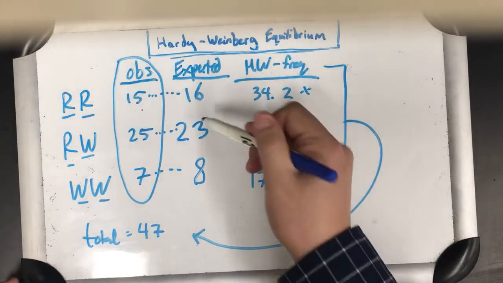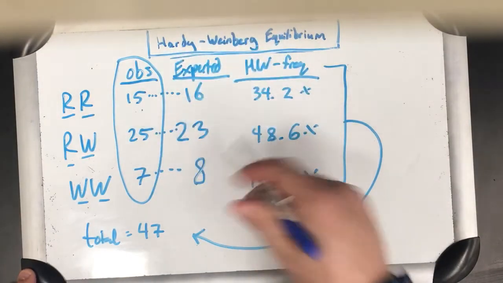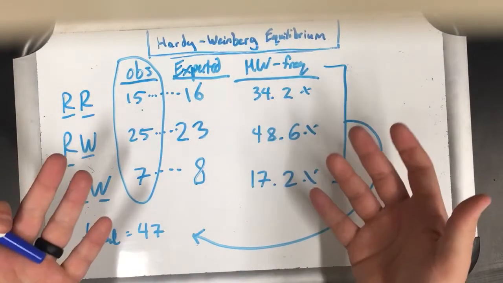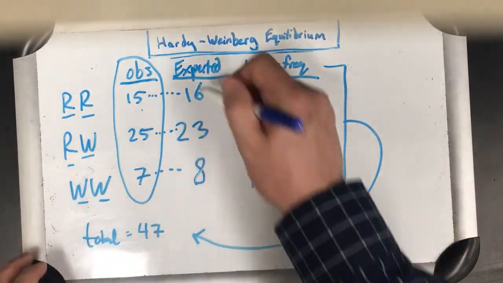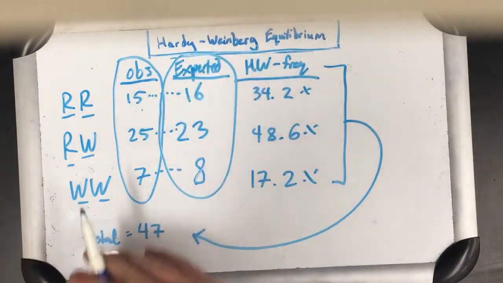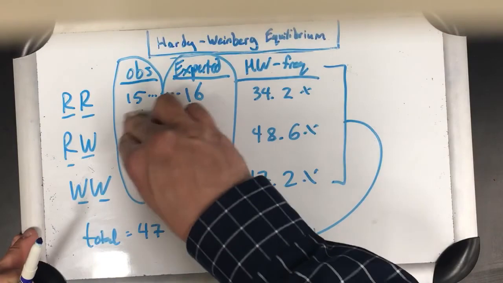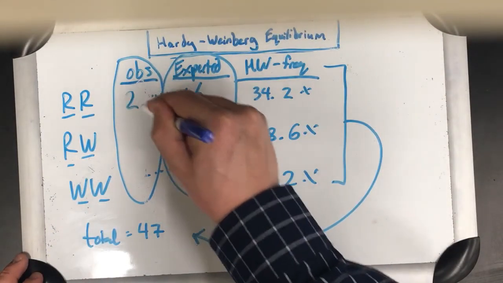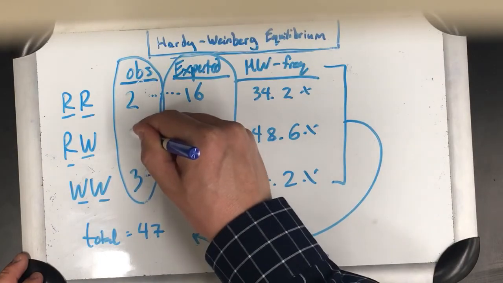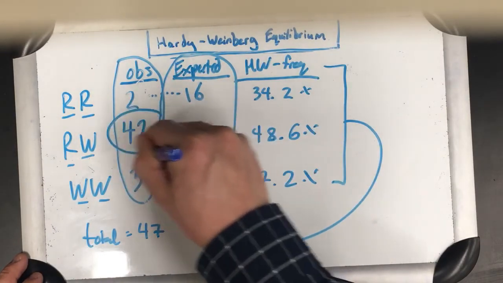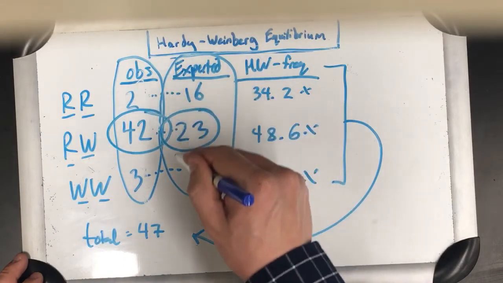So this is a good way to take a look and see, okay, is this population even? Is it changing? Because if you get expected numbers that are pretty normal, but for example, if we observed something like 2, 3, and 42, that's a huge number compared to the expectation.